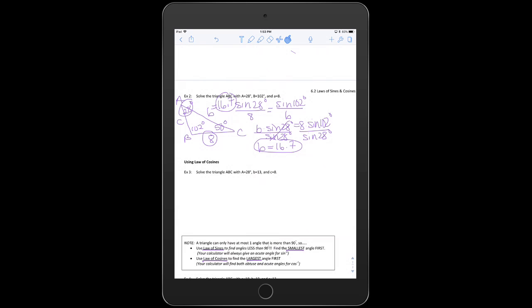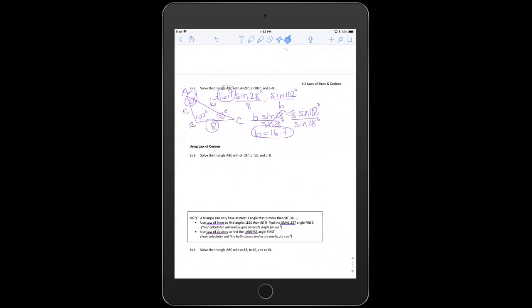I'm going to use the law of sines once again, setting up a ratio. I'm going to do this one in orange. So I'm going to use my same original ratio, which is the sine of 28 divided by 8. And now, side c is opposite the 50 degree angle.